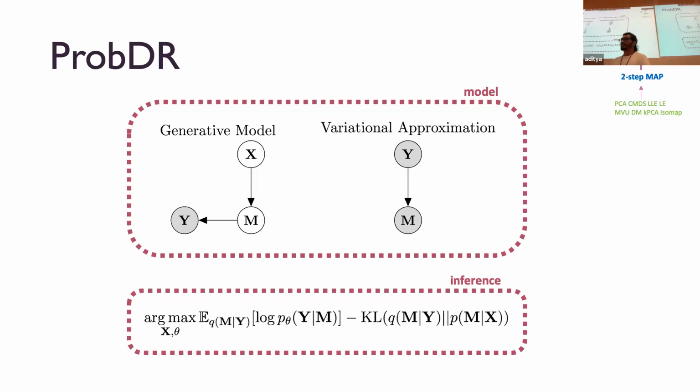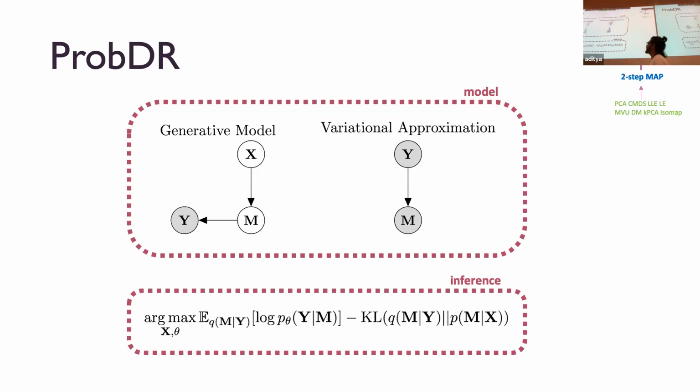And this is a variational framework, which means that we specify a variational distribution over the matrix M. So using our data Y, much like in VAEs, we set the variational distribution on M to be something, and writing down the ELBO and maximizing it gives us the ProbDR inference framework, essentially.